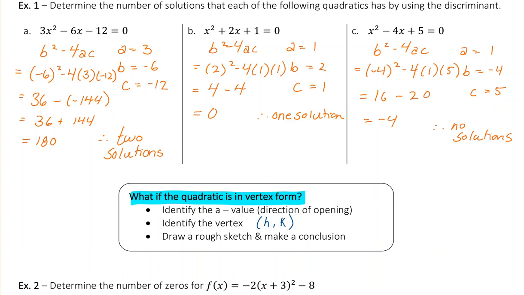And then draw a rough sketch, meaning use the direction of opening and use the vertex to identify which quadrant that would be in.